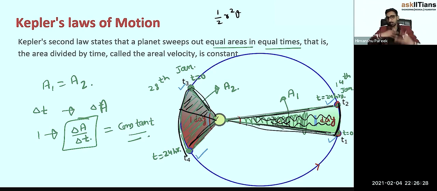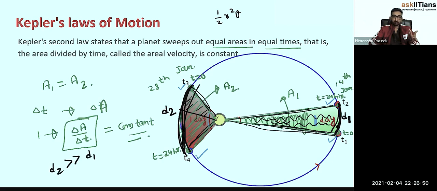When it covers a larger distance, its speed will increase because the time is the same, 1 day. So in the same 1 day, it will cover the larger distance. You can see this path length is more and this path length is very less. If I denote this by d1 and this by d2, then d2 would be greater than d1. I don't know the exact numbers, but theoretically it would be greater than d1.